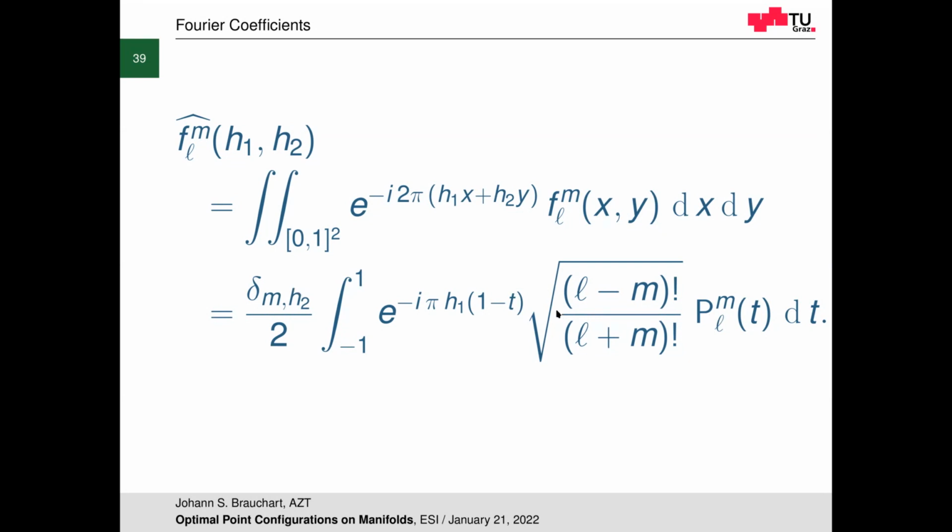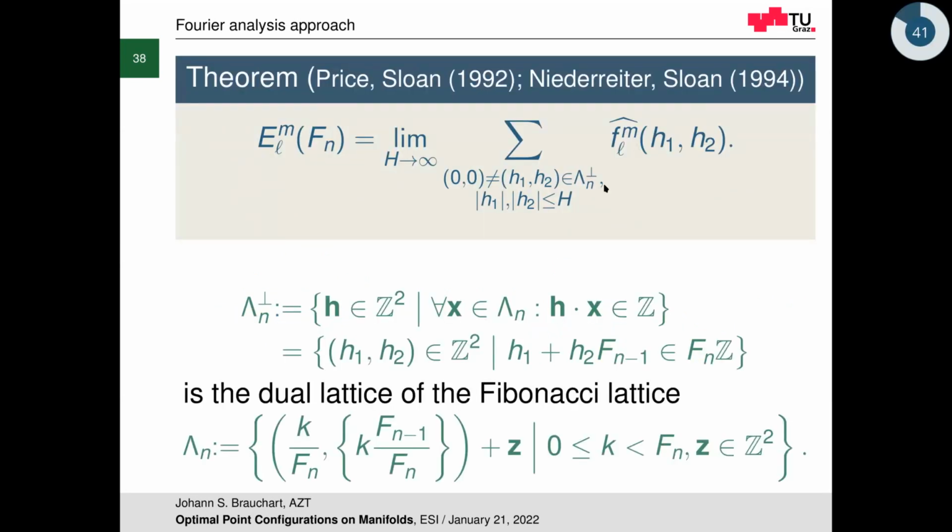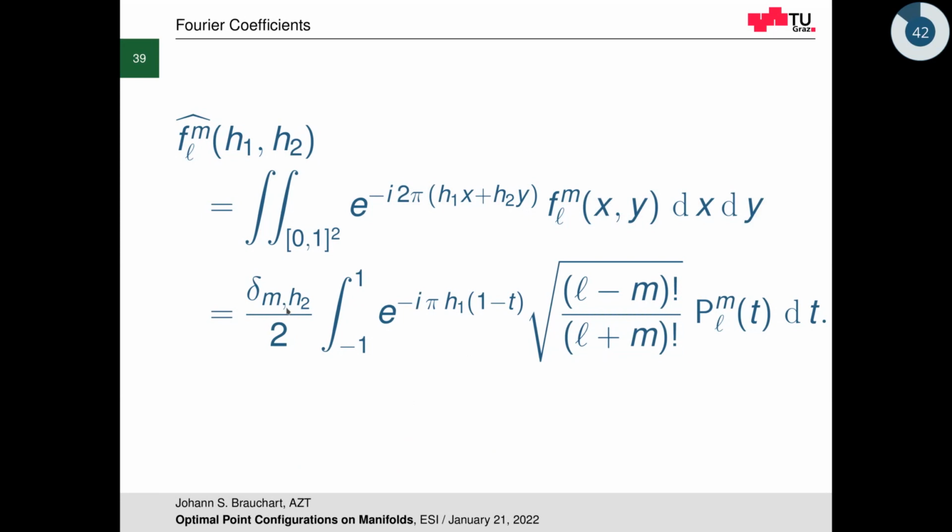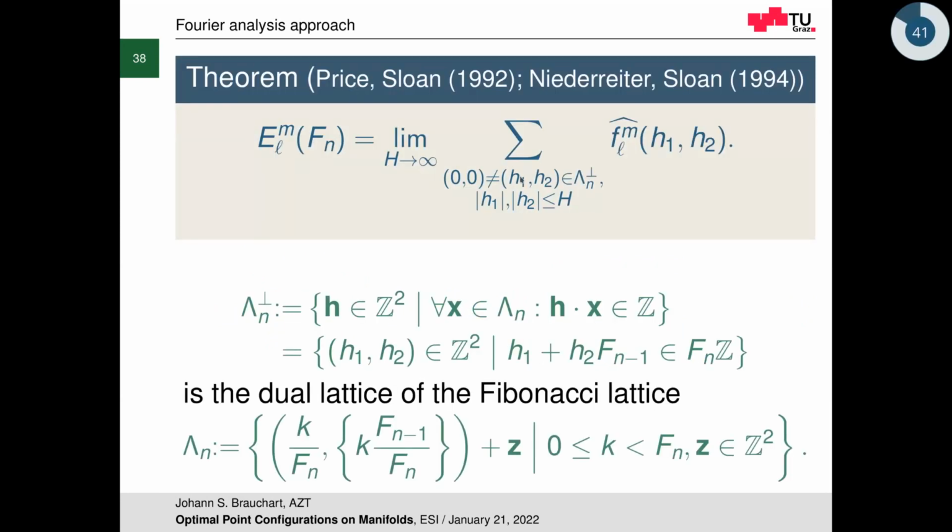Since we have the Kronecker delta, we do not have to sum over a rectangle or a square that grows in the lattice, but only over horizontal lines.